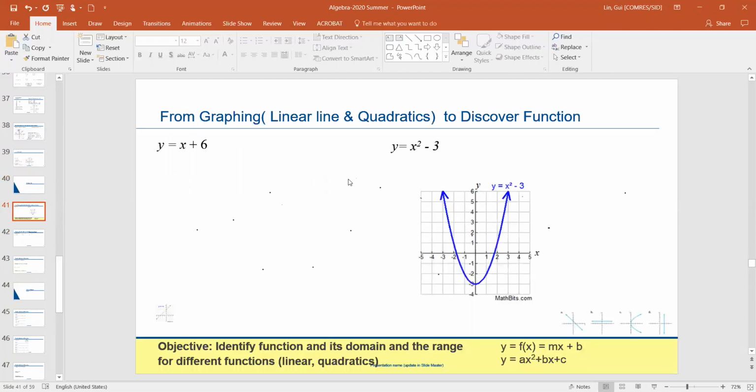We talked about the function properties. That's why I say for each input x, only one output. We talked about the linear line. Oh, Ben was doing, yeah. And we also talked about the quadratic parabola curves, like only one input and one output.